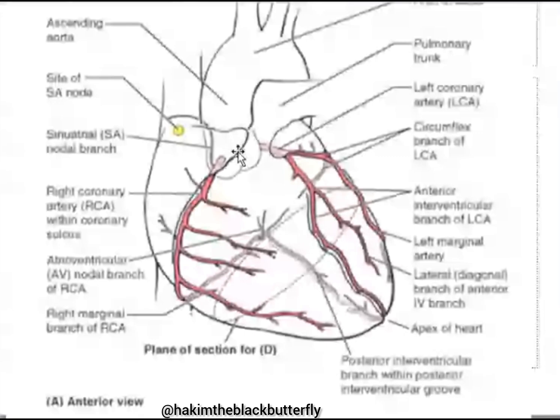The first branches of the aorta are the coronary arteries. And coronary arteries are taking blood to the heart. They are two. Remember, the first branches of the aorta are the coronary arteries.